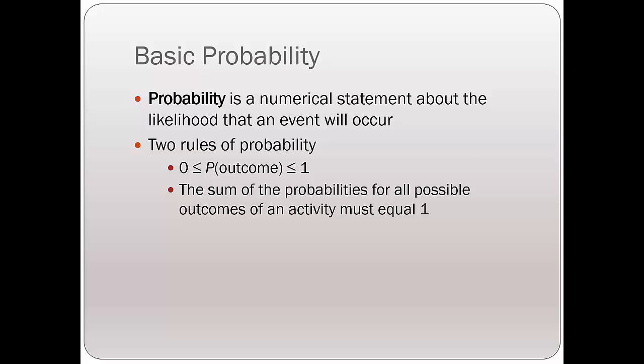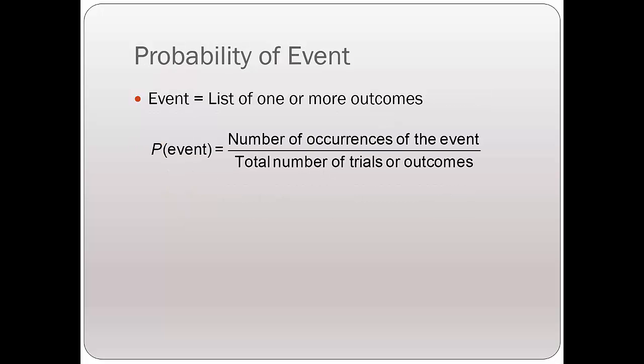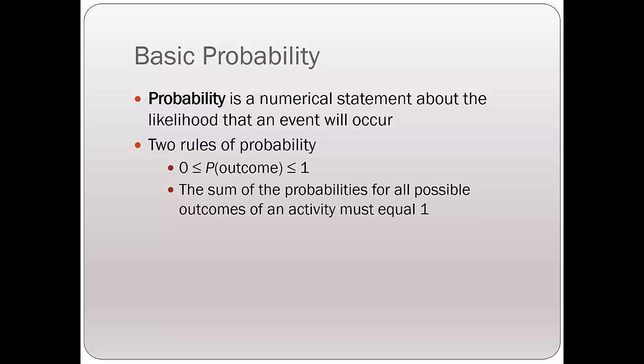So let's start with basic probability. Probability of an event, okay. Basic probability is a numerical statement about the likelihood of an event, and that numerical statement should follow two rules. It should be a number between 0 and 1.